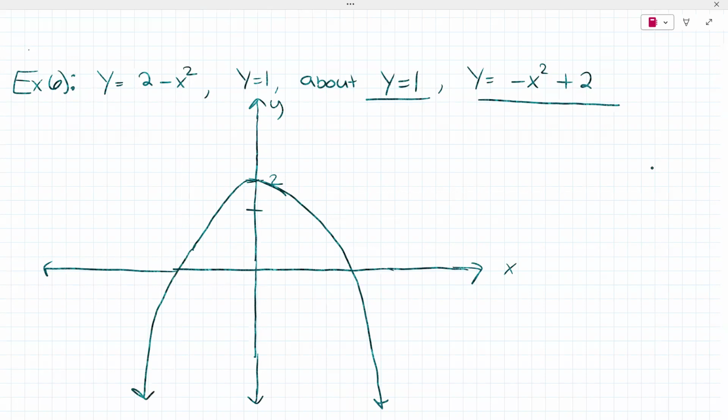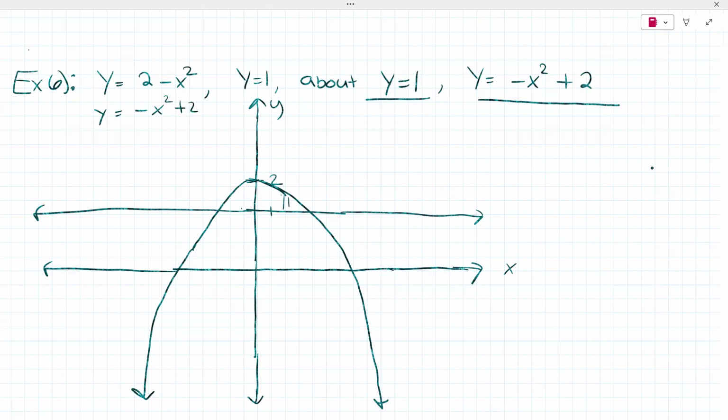And then revolving it around y equals 1, here's 1. It would look something like this. If you want, you can also rewrite 2 minus x squared as negative x squared plus 2, if that makes it better.